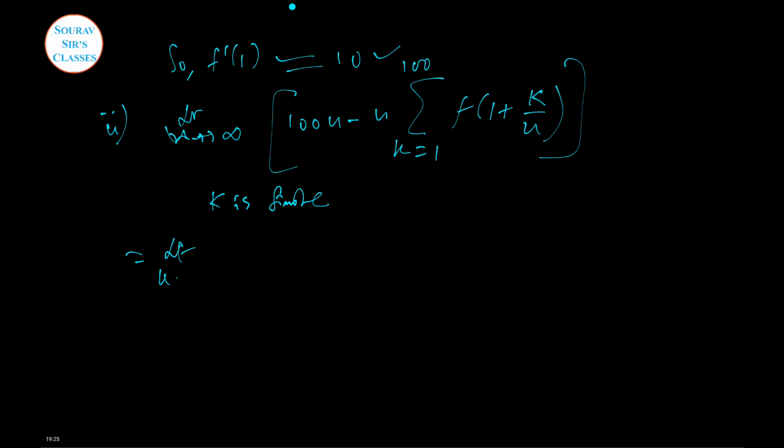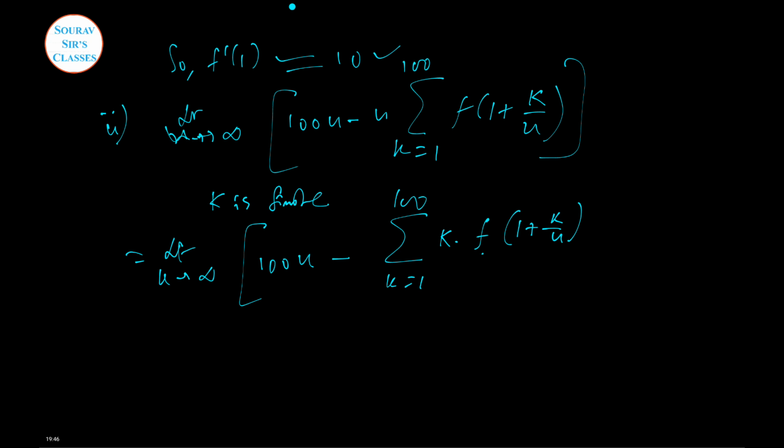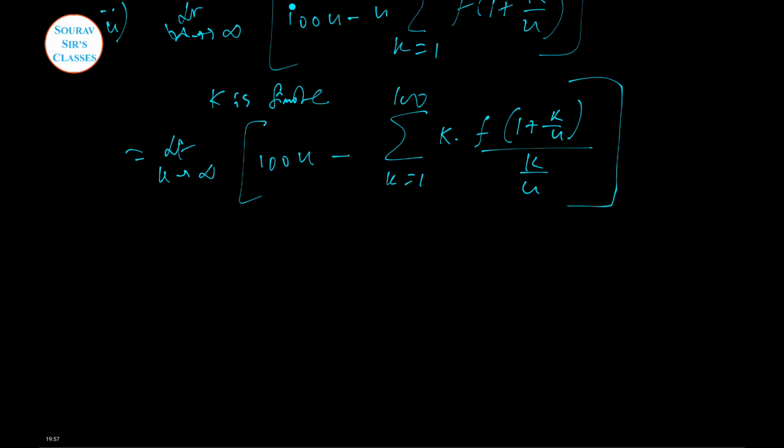So here we have limit u tends to infinity of u, sum over k equal to 1 to 100 of k into f of 1 plus k by u by k by u, taking k by u inside.